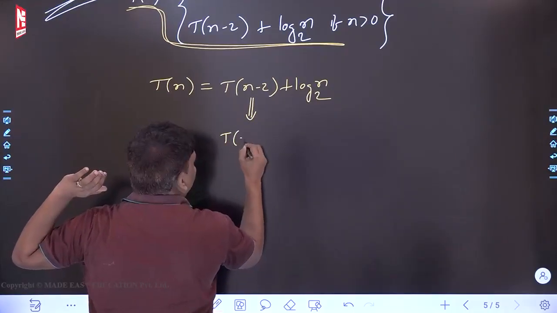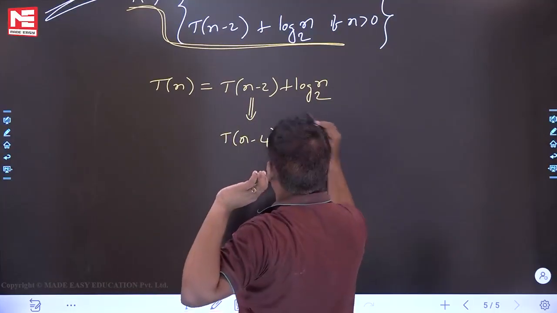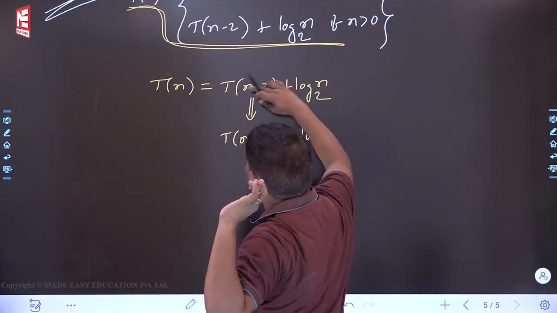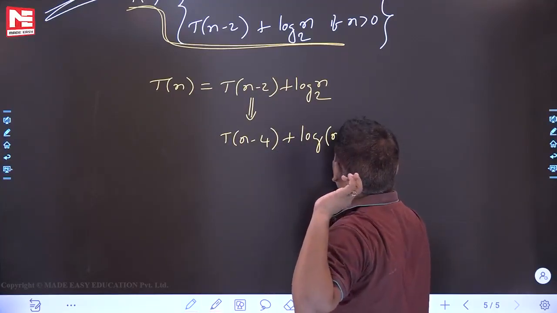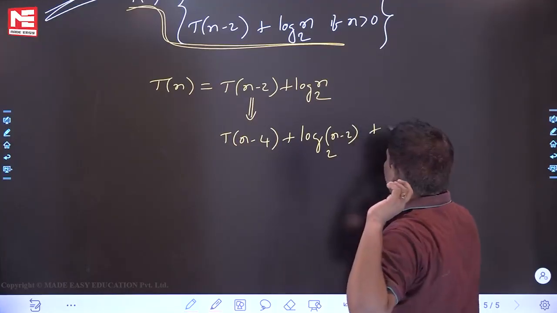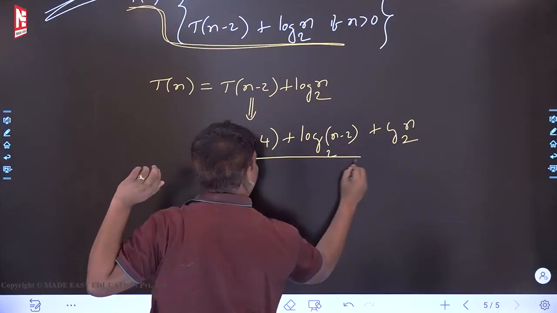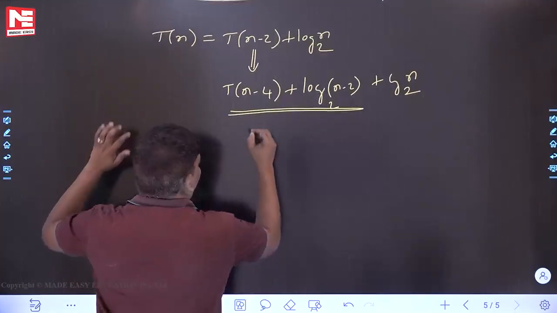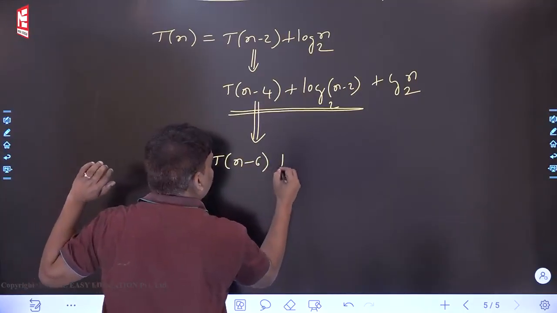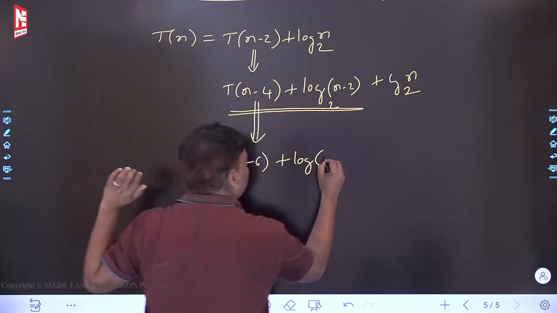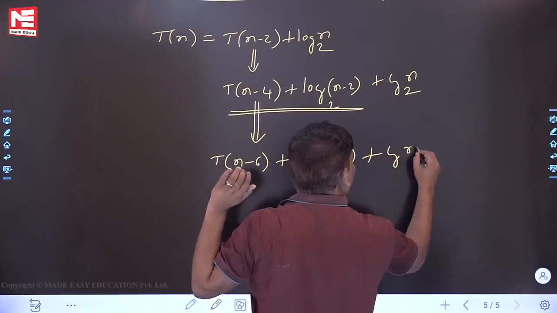It is Tn minus 4 plus log of n minus 2, base 2, plus the already existing log n base 2, the remaining things as they are. What is Tn minus 4? Tn minus 6 plus log n minus 4 base 2, plus the remaining things as they are, log n base 2.